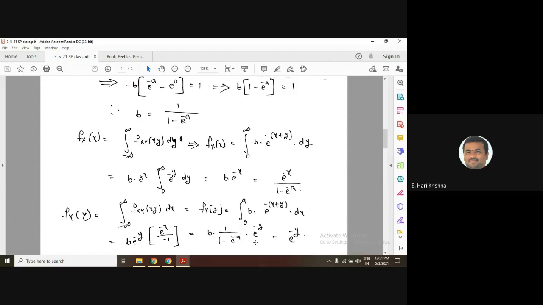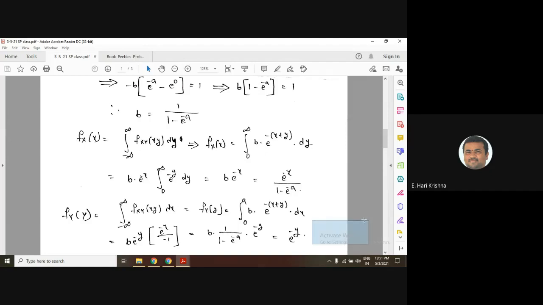So these two get cancelled, and e power minus y is the answer. This is one typical example for proving the property, evaluating b in terms of a, and calculating the marginal density functions of x and y.